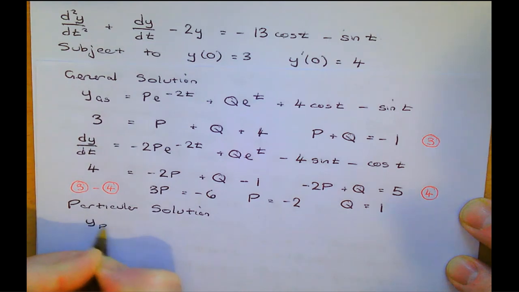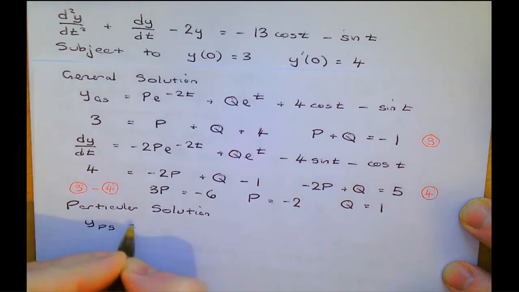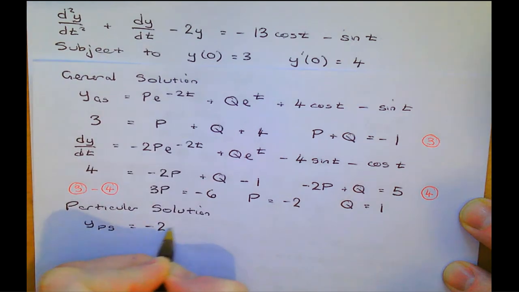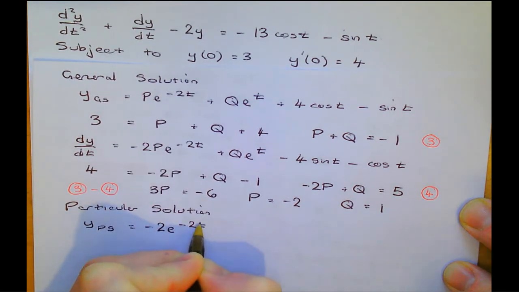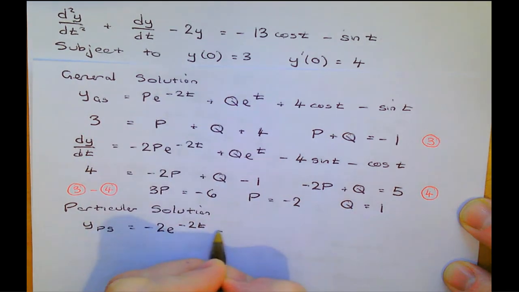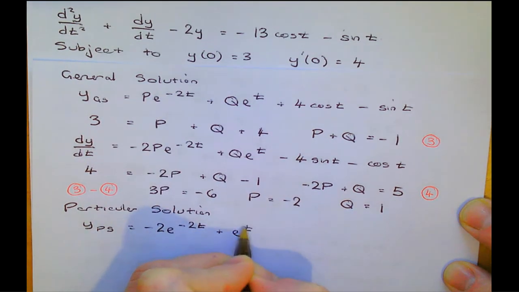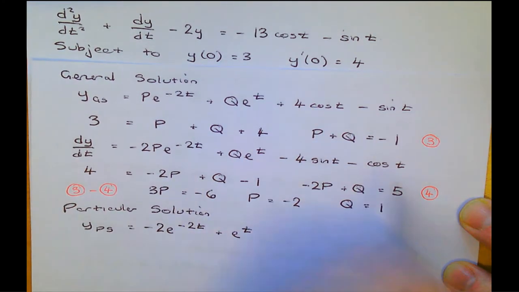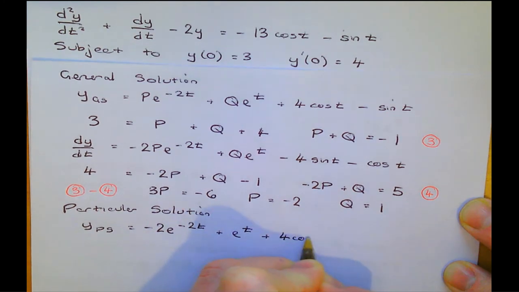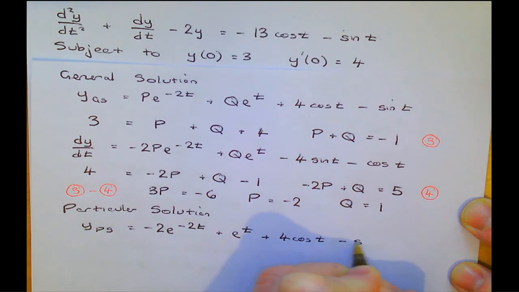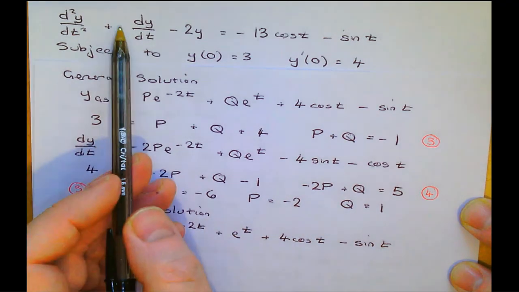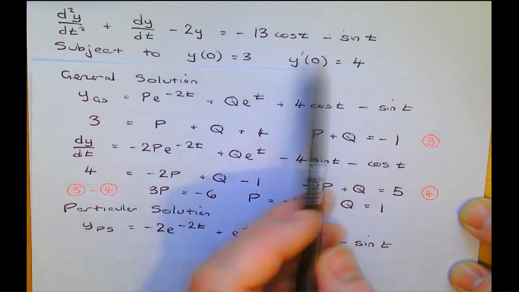So y_ps for particular solution is minus 2 e to the minus 2t plus 1 times e to the t plus 4 cos t minus sine t. This satisfies the original equation and the conditions.